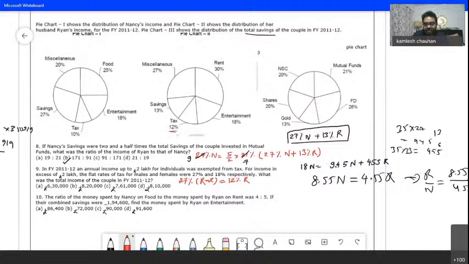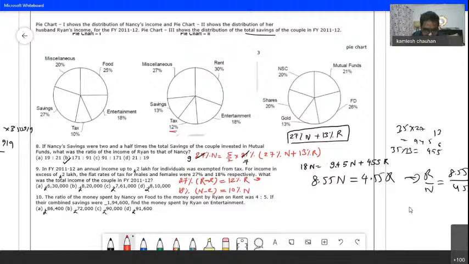Everyone, this calculation clear? Now the second equation I'm writing for Nancy, which is 18% of n minus 2, that is equal to 10% of n.